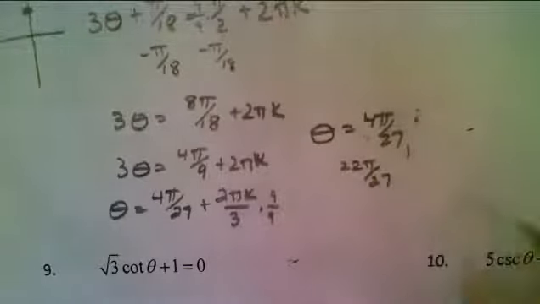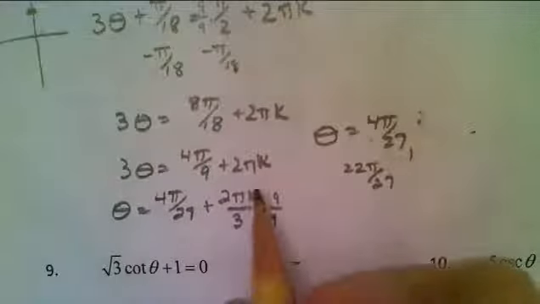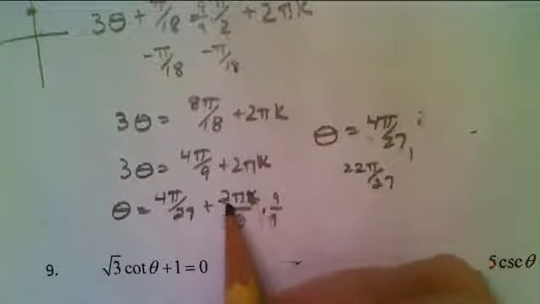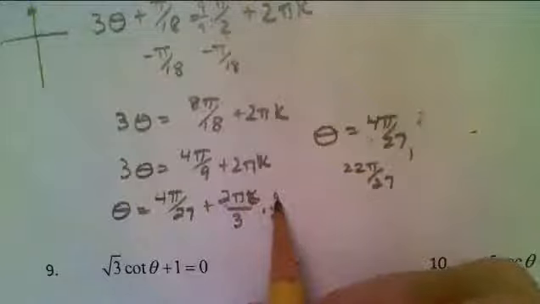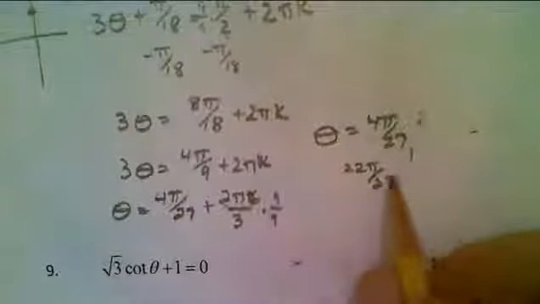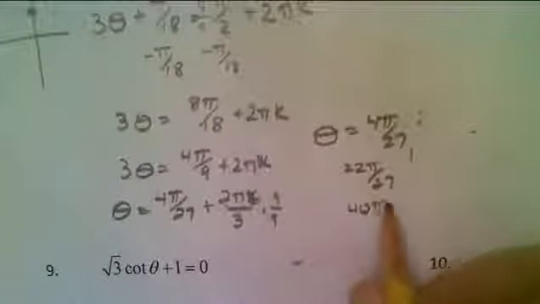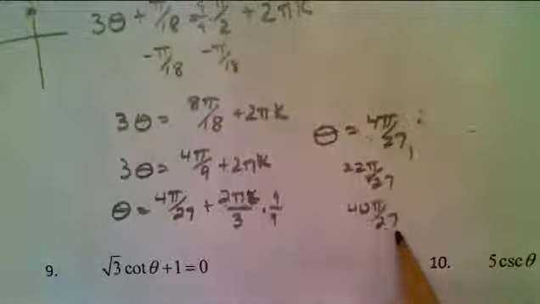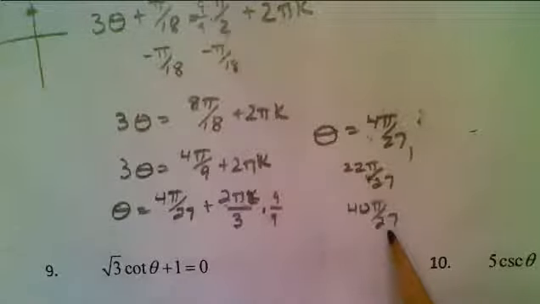If k is 2, that's going to be 4 pi times 9, that will be 36 pi, plus the 4 pi, that would be 40 pi over 27. That's still less than 2 pi, because 2 pi would be 54 pi over 27.